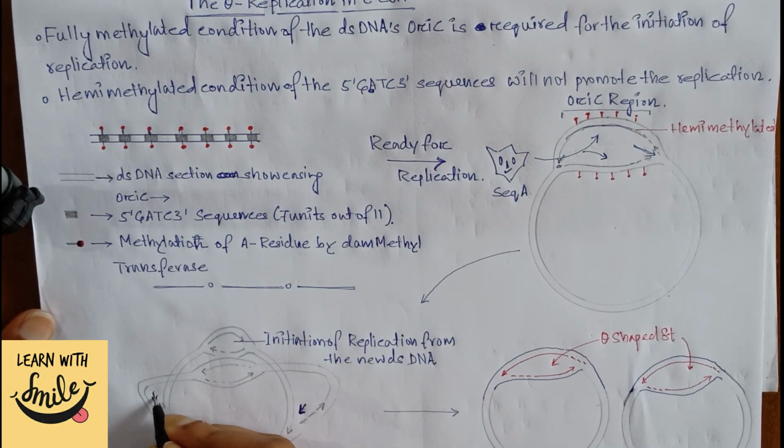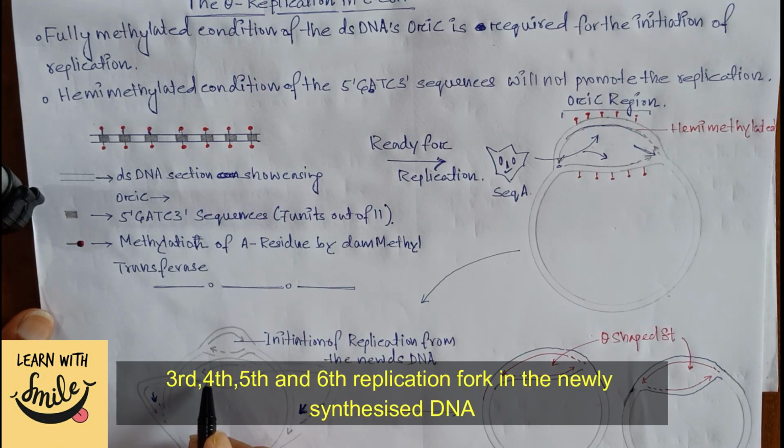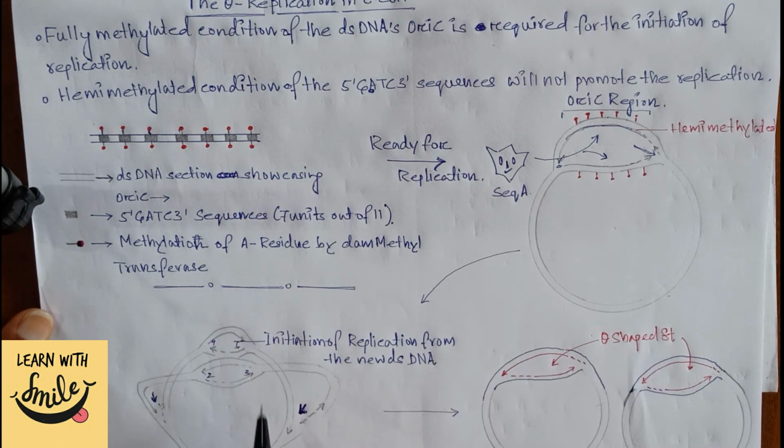Now you can see that 2 replication forks were already formed in the previously executed replication. Now with the initiation of replication in the newly synthesized DNA, another 4 replication forks are formed: here is the second, here is the third, fourth and fifth. So in total there are 6 replication forks which are formed.